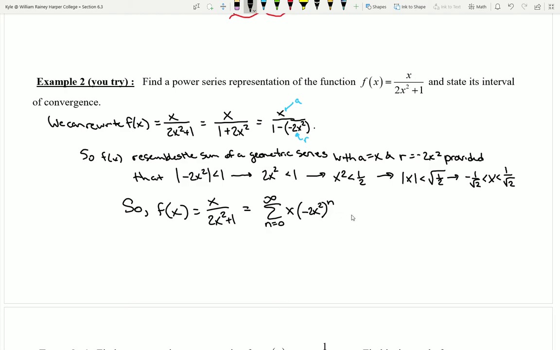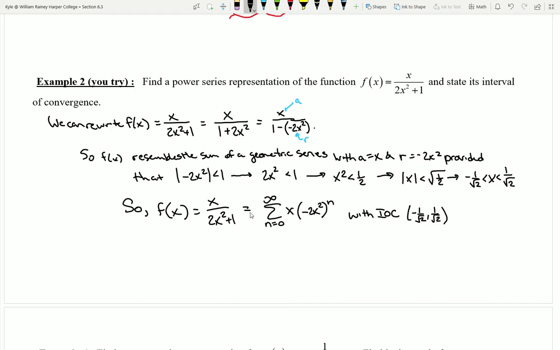And of course, I know that this has an interval of convergence negative 1 over root 2 to 1 over root 2. Now a couple things before we finish up this example. It's important to note that if you were to go to your calculator and try to graph both of these on this given interval, you would see that they align perfectly.